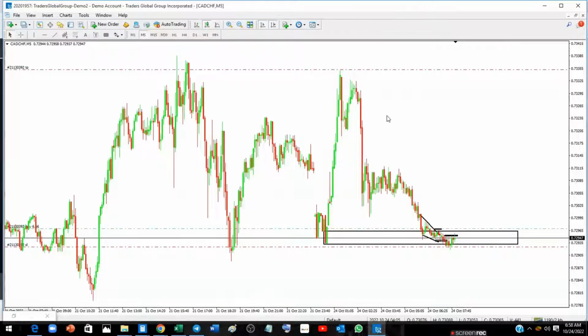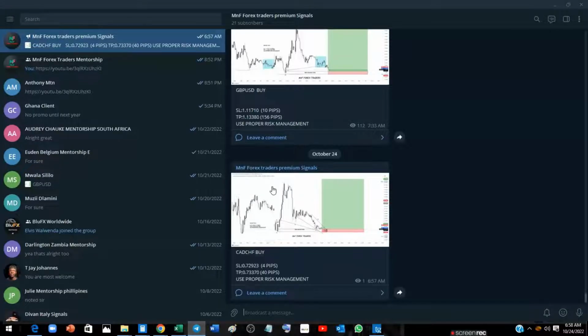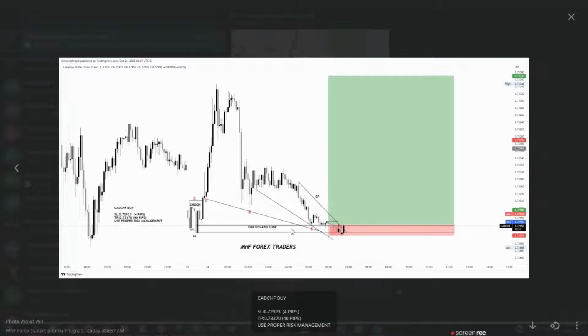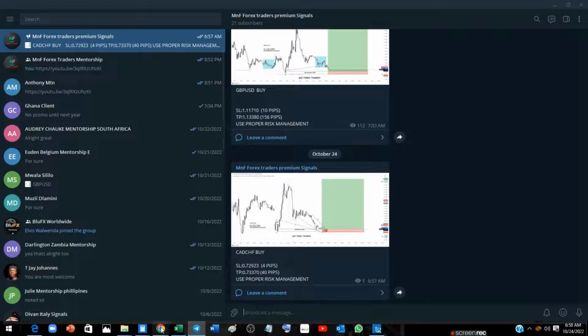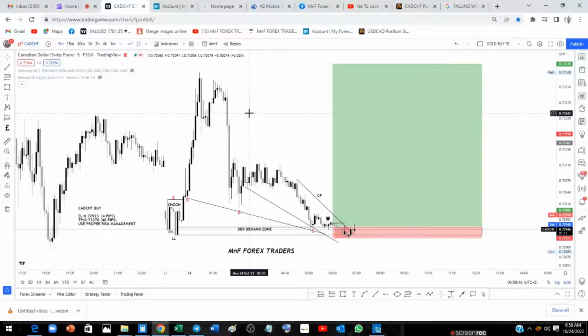So let's see what is going to happen here. We wait and see what happens, right? The signal has been sent to a private community, as you can see. Fortunately, we're seeing a bit of a retracement there. Let's see what's going to happen in a few minutes. All right, let me just step away. I'll be back in a minute.